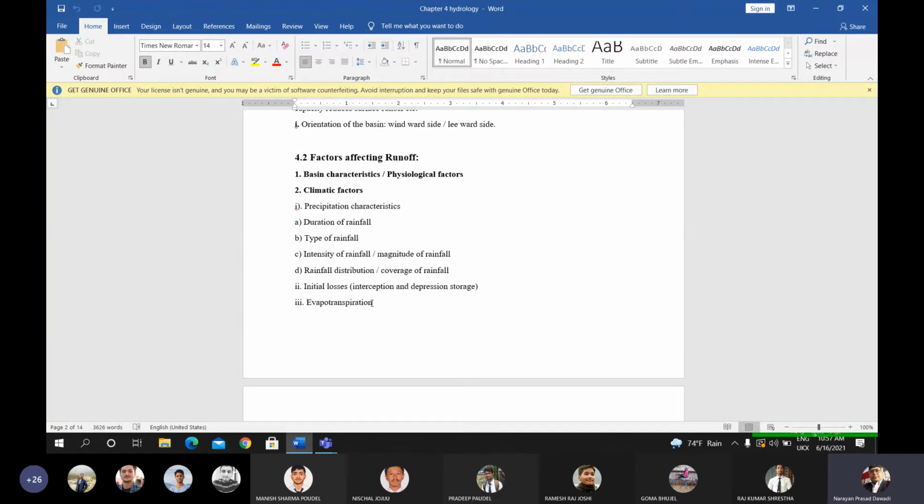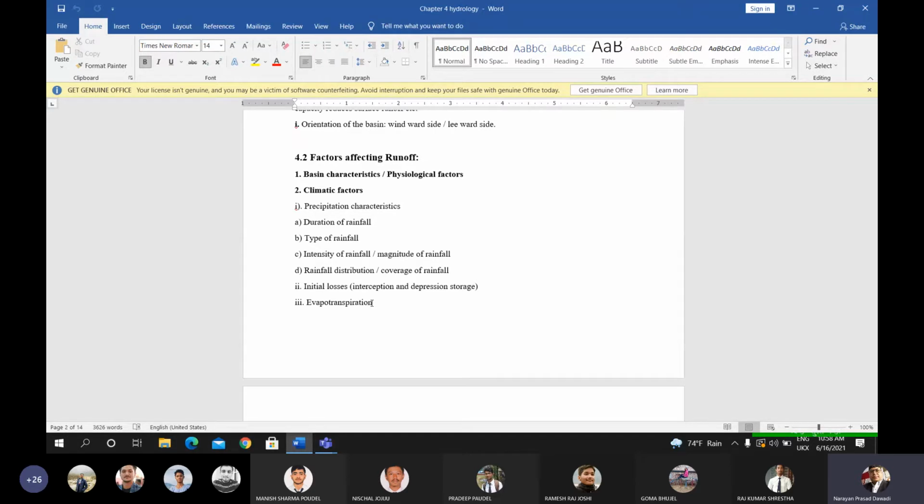First of all, the precipitated water fulfills the demand of interception and depression storage. After fulfilling the demand of interception and filling the depression spots of the terrain, only then does the water start flowing towards the river. So if initial losses are very high, the chance of surface runoff will be less.